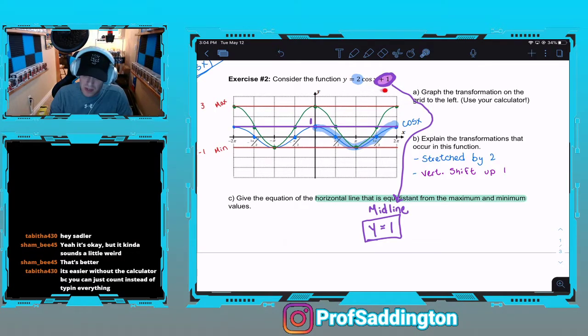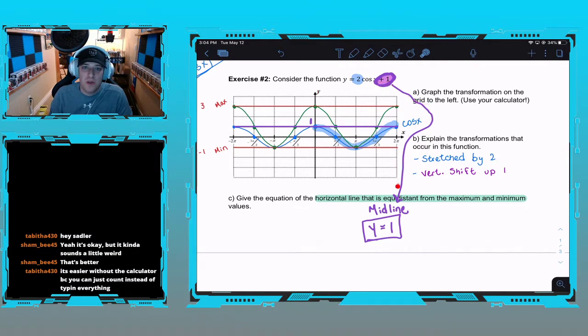So I'm going to scroll up for a second, just going up to exercise number 2 because I just wanted to do the last part that we talked about yesterday. Noticed I highlighted this +1 and I drew an arrow all the way down and I said, hey, that's the midline. So the midline is the horizontal line that is equidistant from the max and min values of your function.